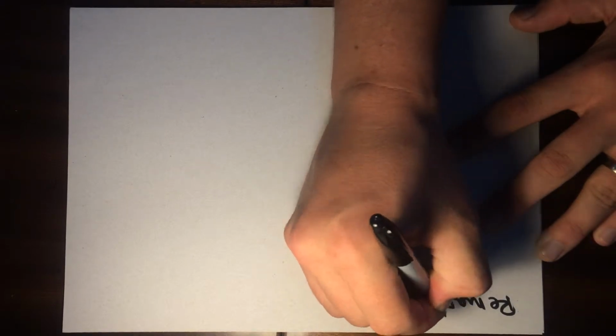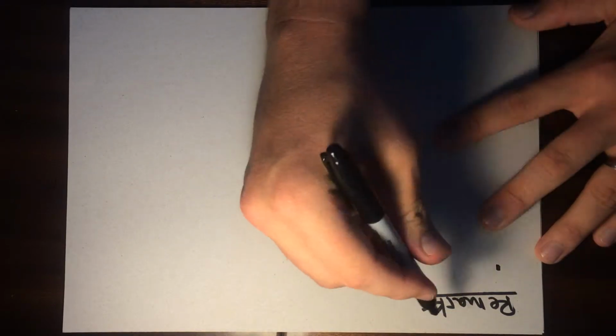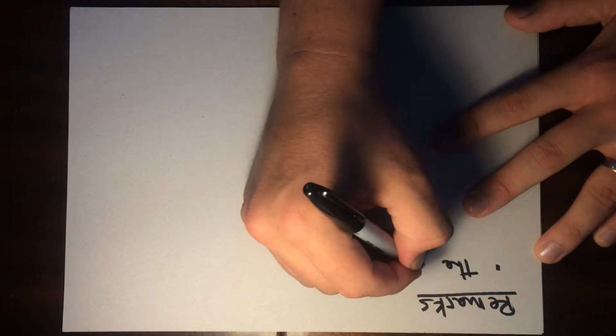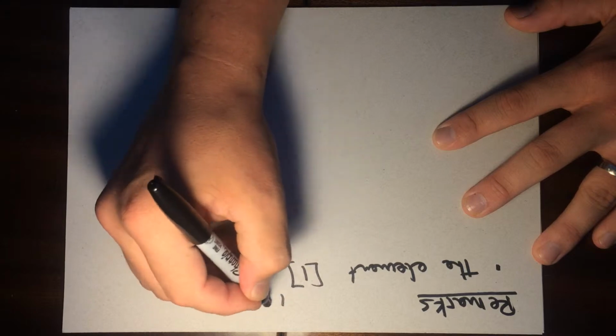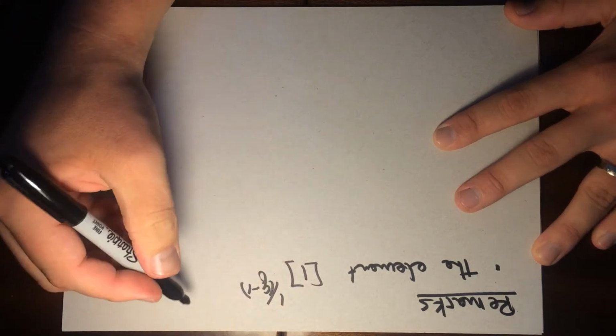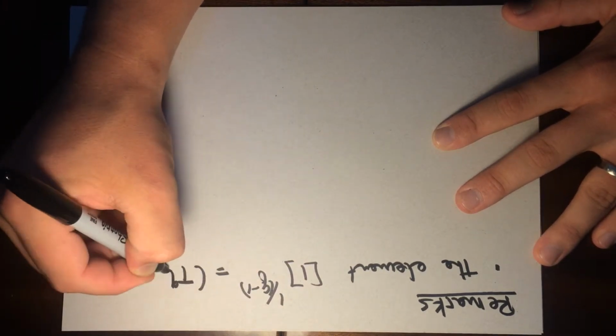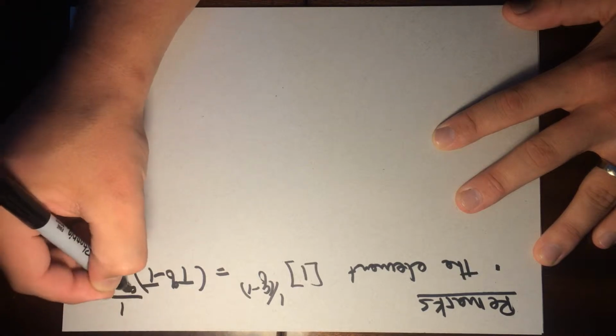Let me make some remarks. So first, the element 1 over q minus 1, so this is T to the q minus T, to the power 1 over q minus 1.